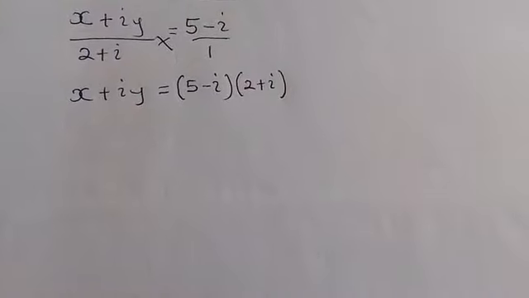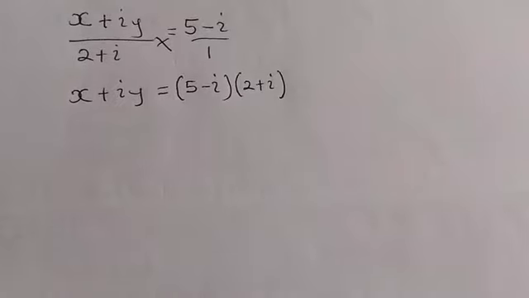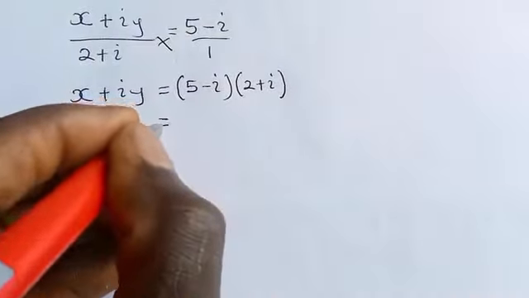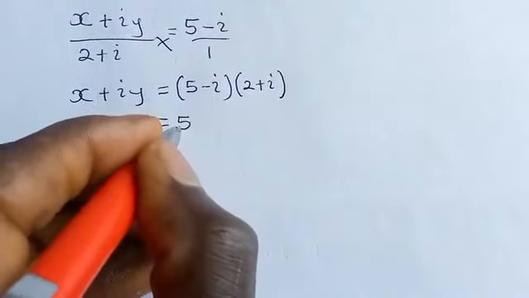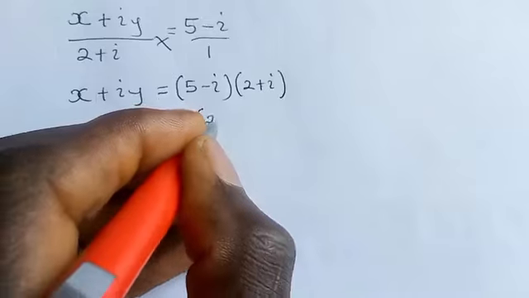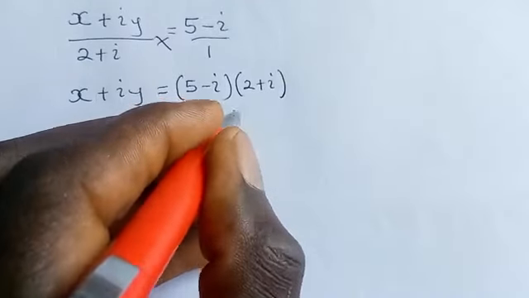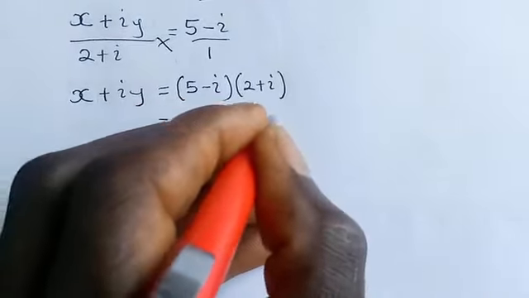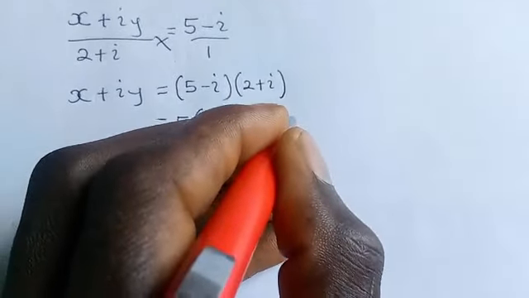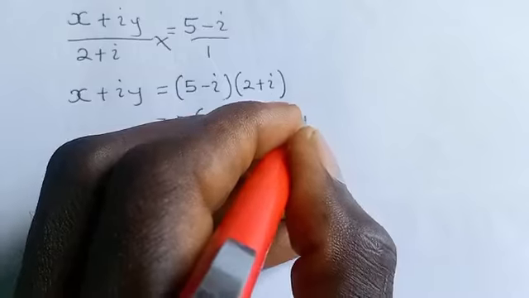So from this, you see that this is multiplication of complex numbers. So we are going to have the first term here 5 multiplying the second bracket 2 plus i, while minus i, the second term, we multiply the content of the bracket 2 plus i.